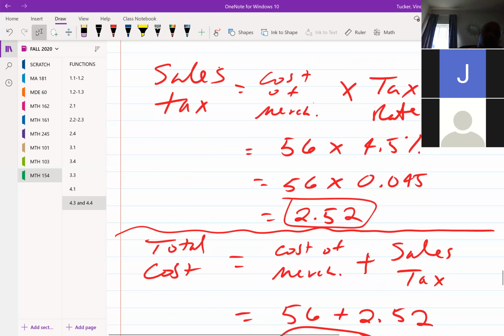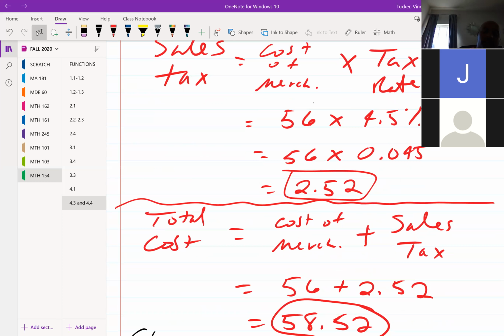Then to find the total cost, take your cost of merchandise and add the sales tax to it. And in this case, that'll be 58.52.